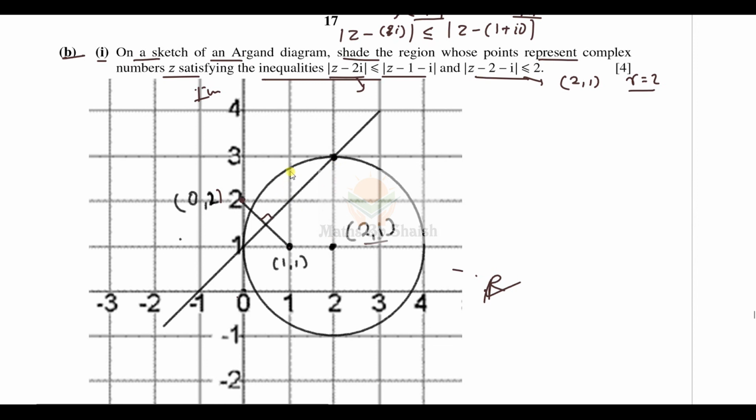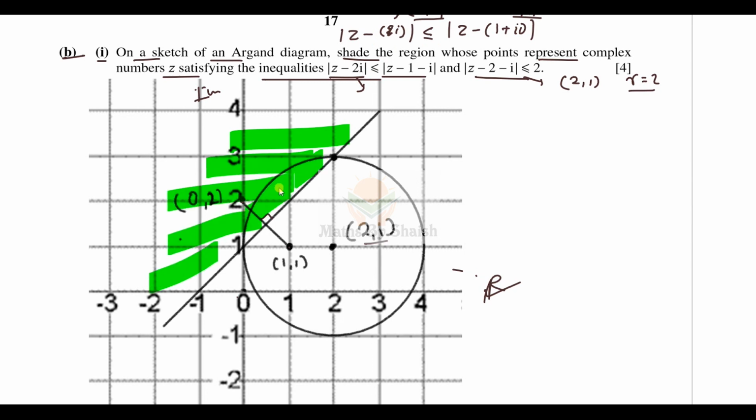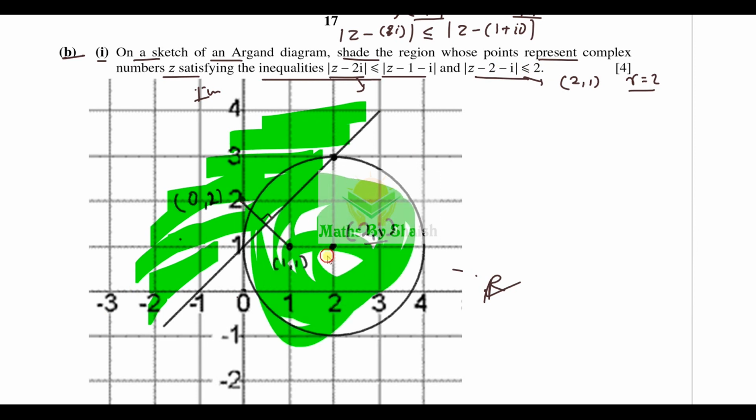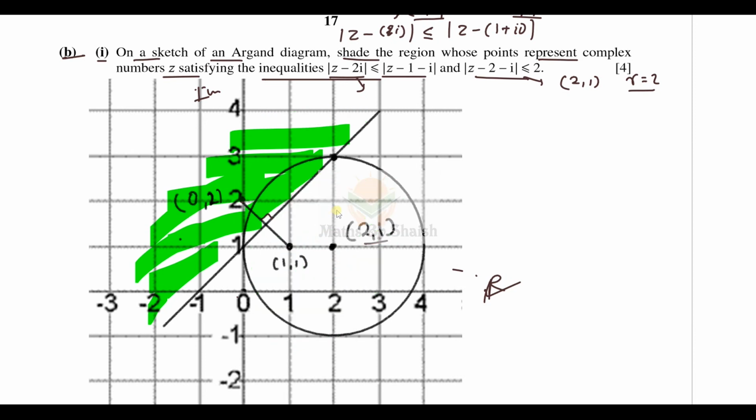And for the circle, it is less than or equal to 2, which means it will include the region inside it. So we can say directly what is going to be the required shaded region. This is the intersection of these two, and that is going to be the part inside it.